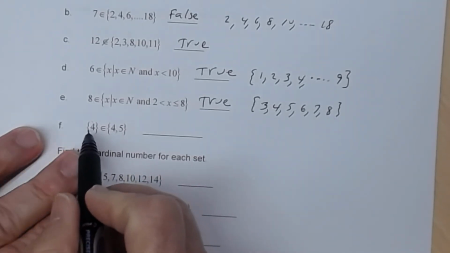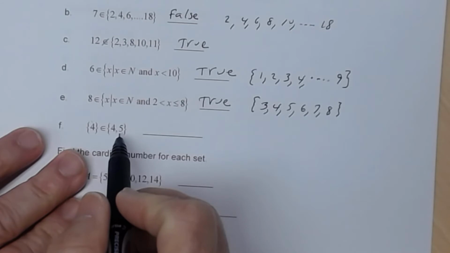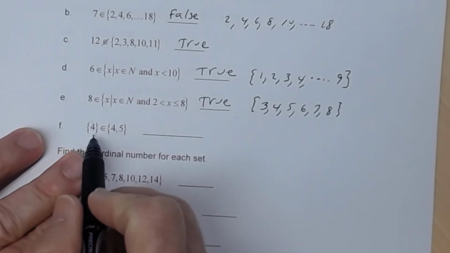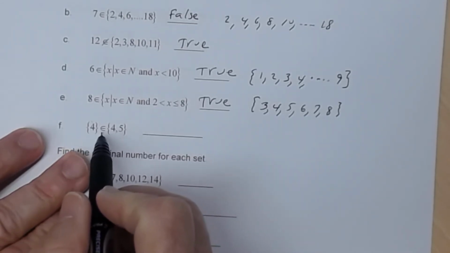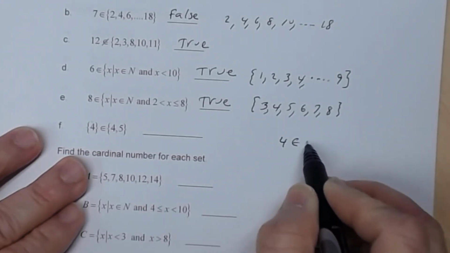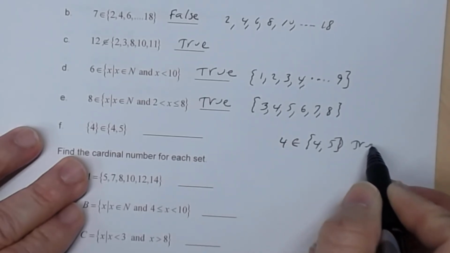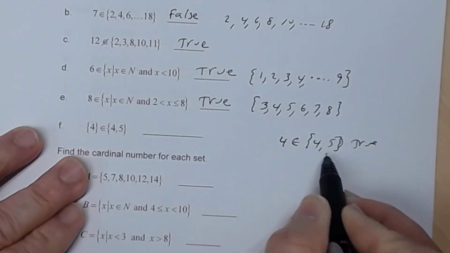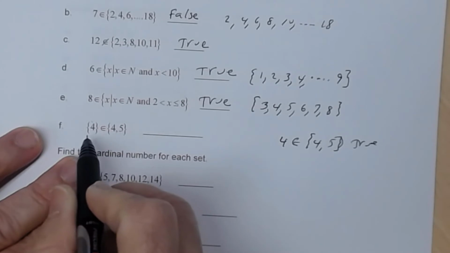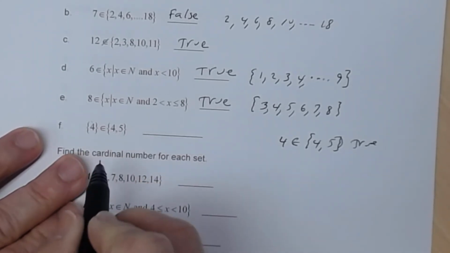Remember, this set is a subset of this set. But if I'm asking, is this an element, then this would be a true statement. That would be true. See, this is a true statement because 4 is an element and I see it here. But this is a set. I don't see this set as an element.